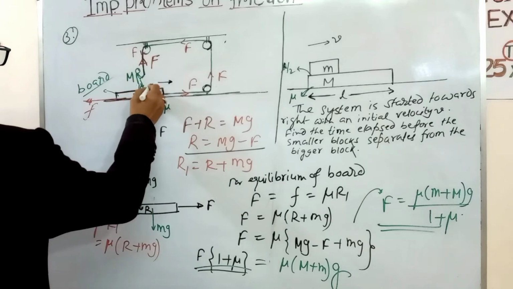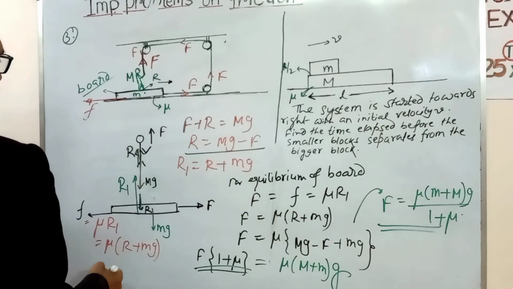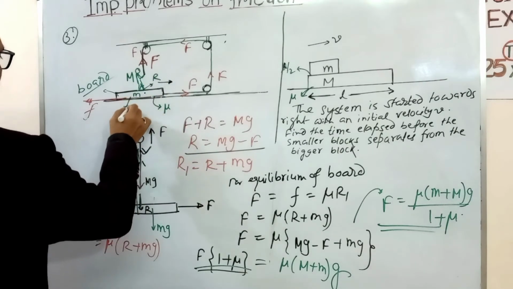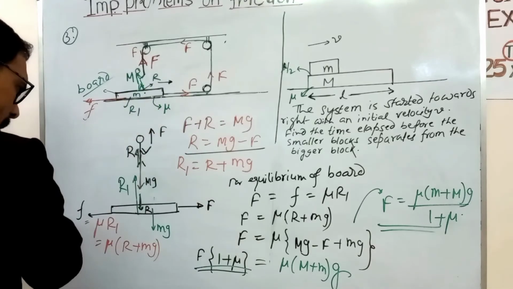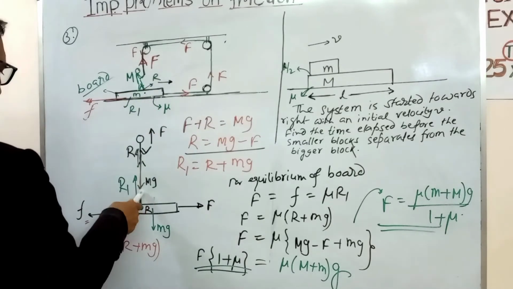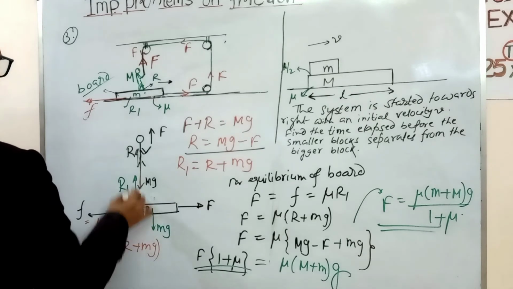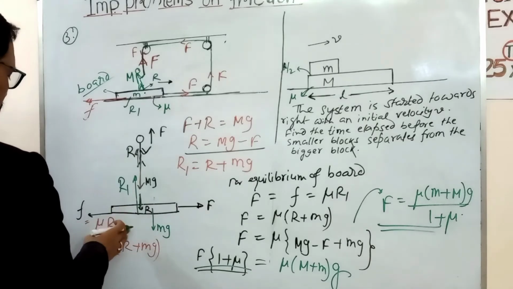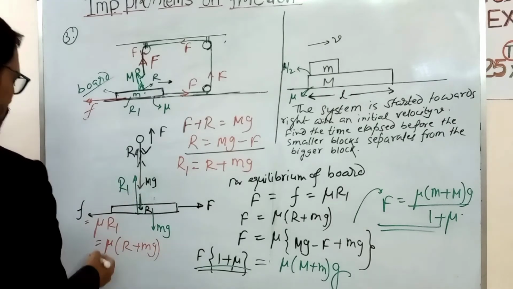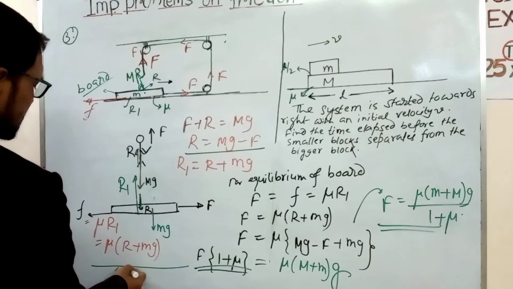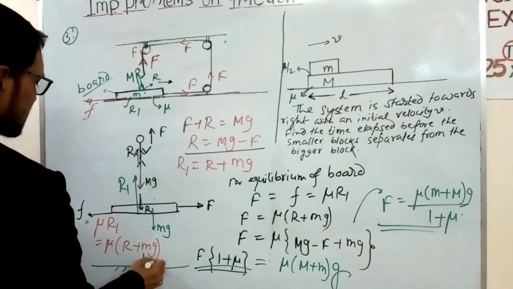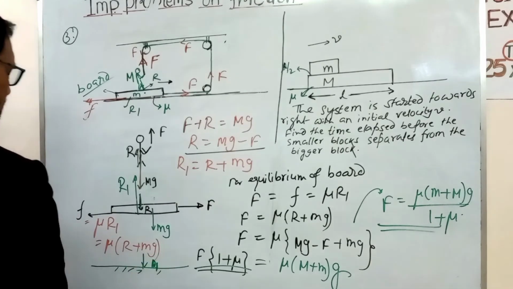This is the contact force between the man and the board, and R1 is the contact force between the board and the ground. So R acts in this direction, R acts in this direction. Now from the contact between the board and the ground, R1 comes upward from the ground. Suppose this is the ground, so the ground reaction R1 stands here.